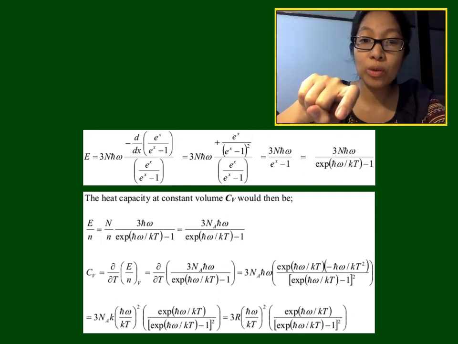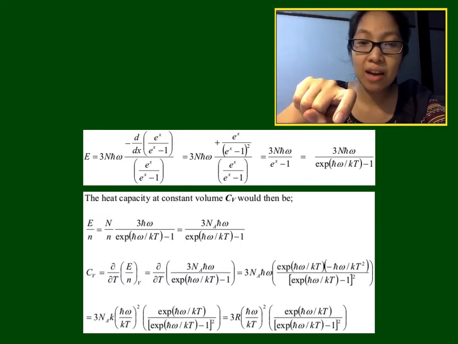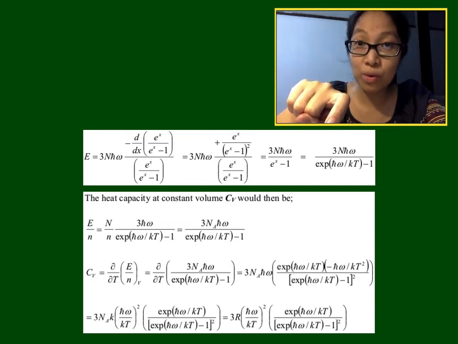So we substitute what we got, and we see that our expression has evolved into a simpler version. We notice that similar terms vanish, and now we have 3 times N times h bar omega, all over e raised to x minus 1.